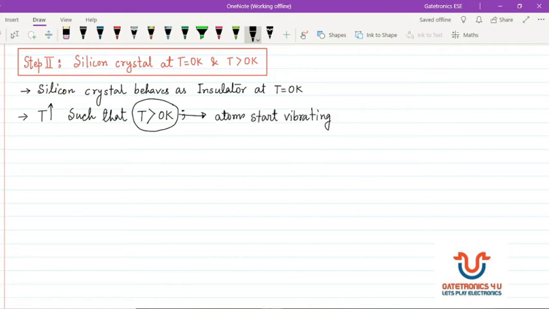Since the atoms start vibrating, atomic displacement takes place.